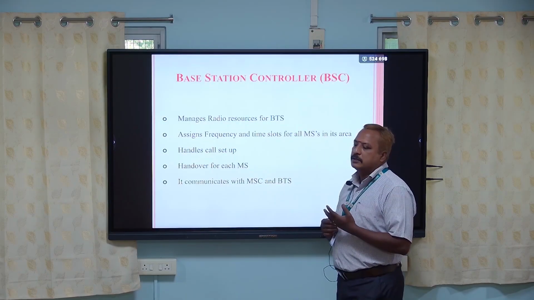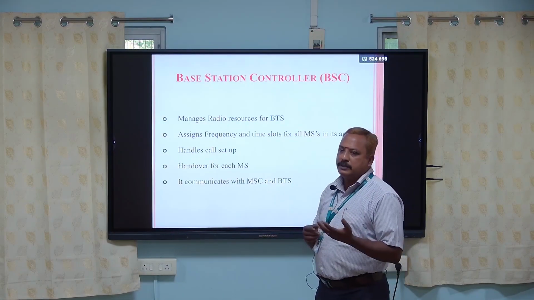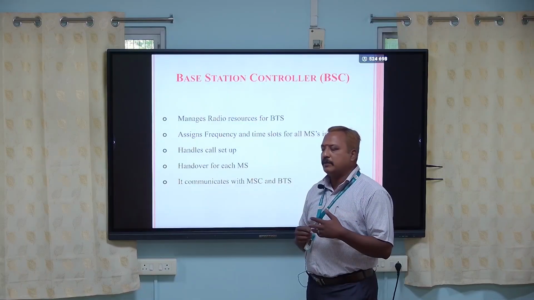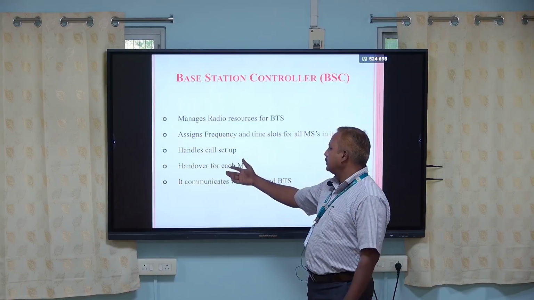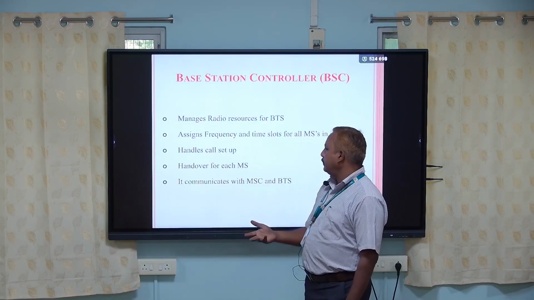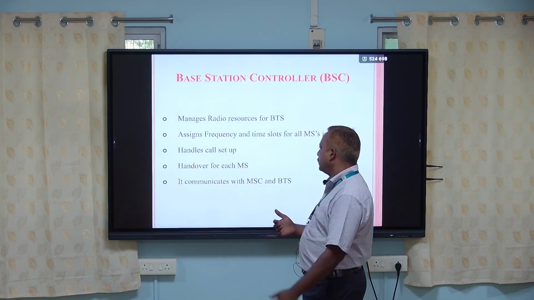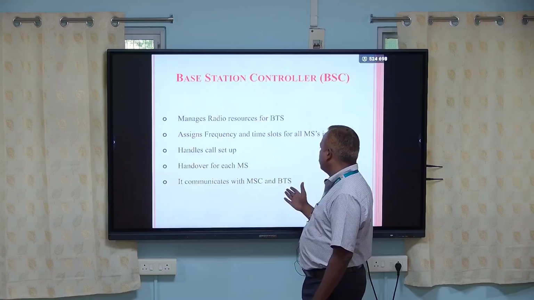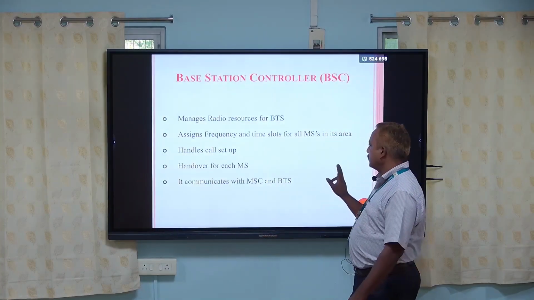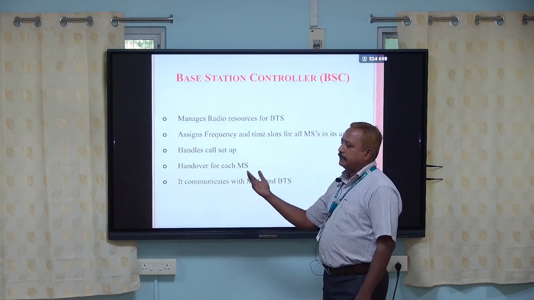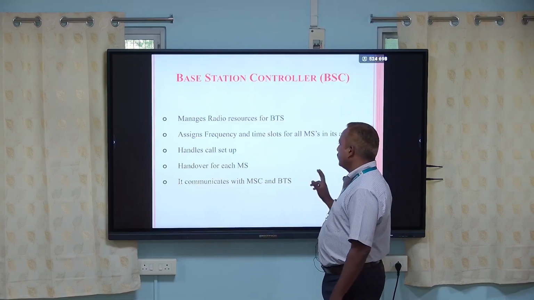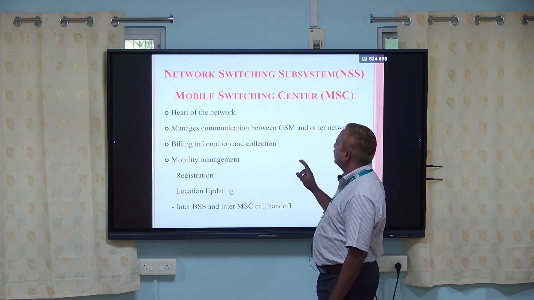When we are making calls, the number is busy, and then after some time we are getting connected, that is called call setup. Handover, as we already spoke about, is handing over the signal from one tower to another tower. Then it communicates with the MSC and BTS, we have already discussed, and then there is a connection from the mobile service provider to the tower, that is making a connection.